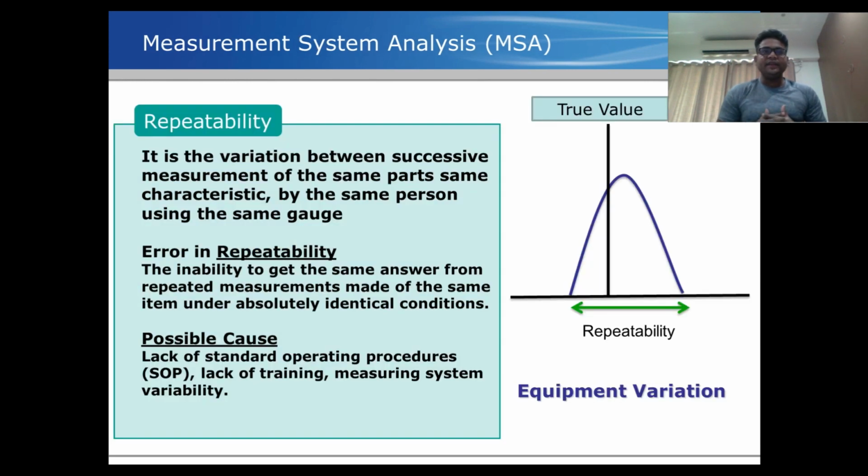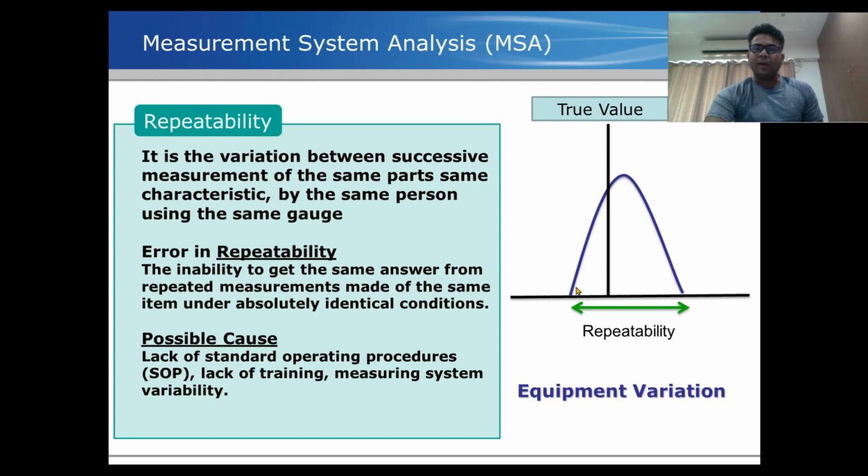Another is repeatability. Repeatability is the variation between successive measurements of the same part, same characteristic, by the same person using the same gauge. So these are the variations by the measuring instrument at the same condition. Here you will see that this is your observed value at the same condition.